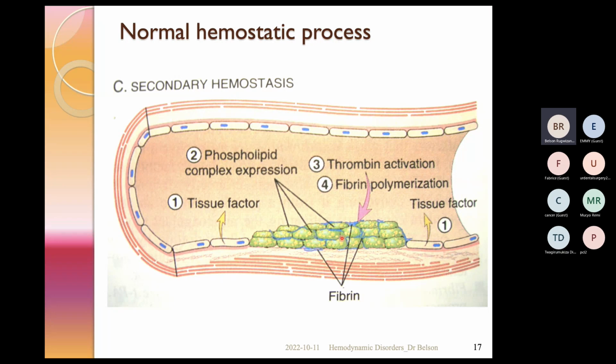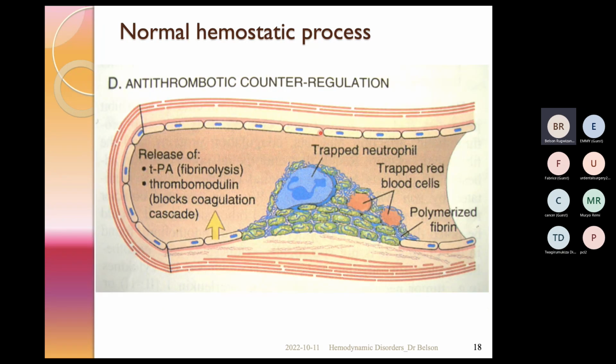So there is a fat, there are fibrin, fibers, and of course the platelet. So in that case, you see that it is larger and it is more complex because it is composed of many things. So this is a secondary hemostasis.